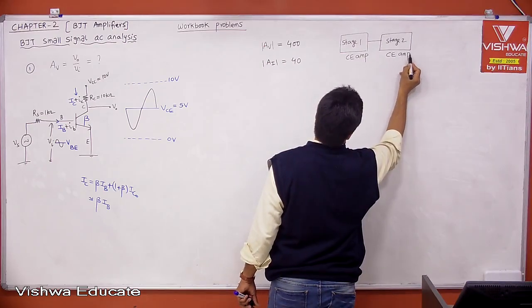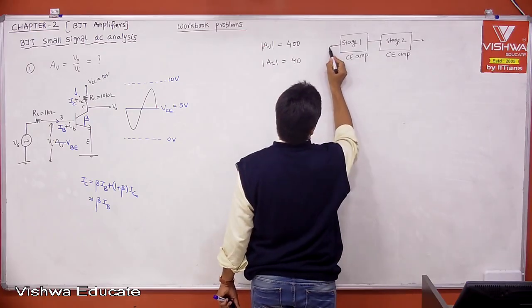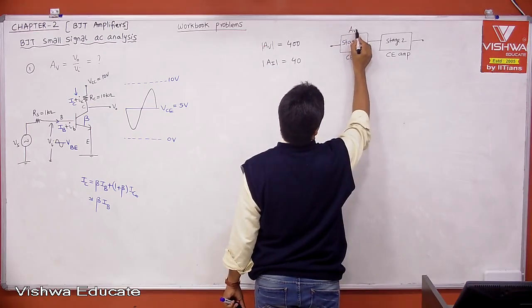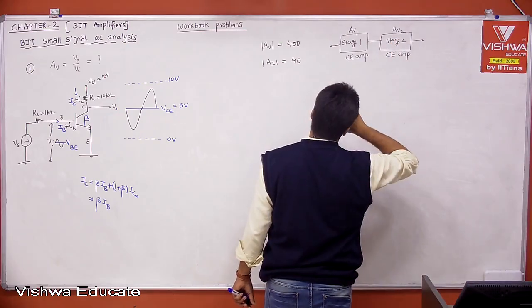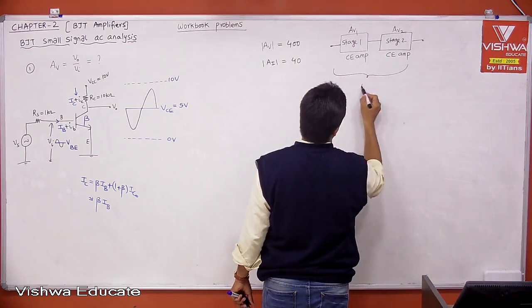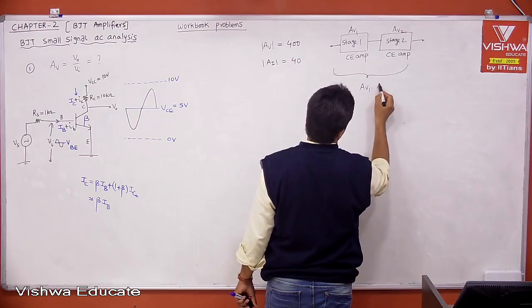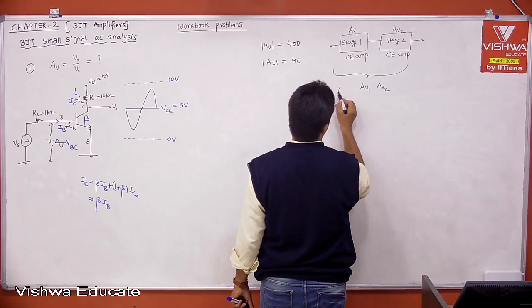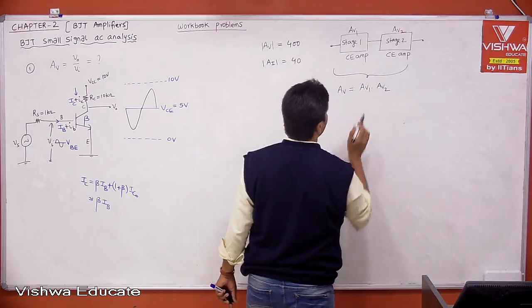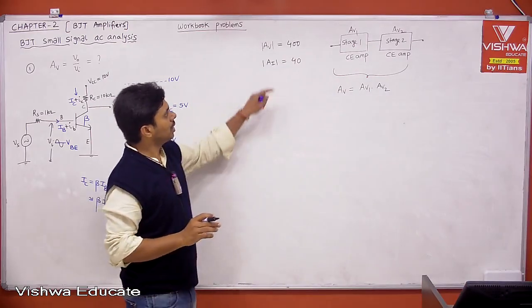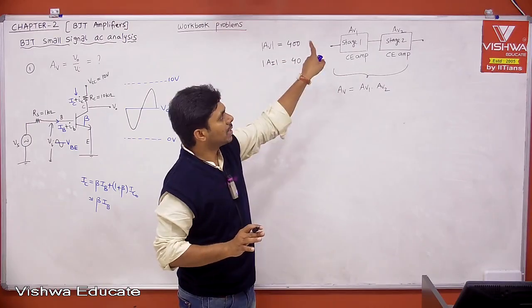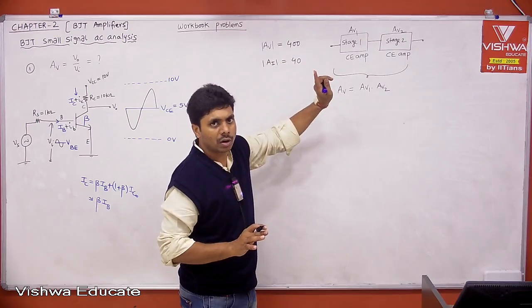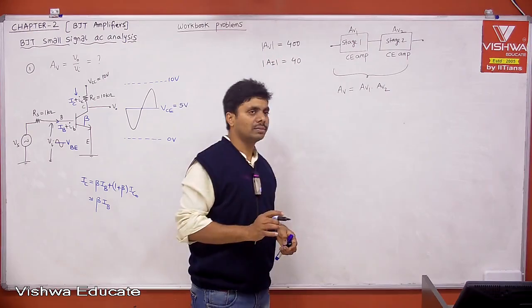Then whatever voltage gain you have from stage 1, let us say that is AV1, and whatever voltage gain you have from stage 2, AV2, the overall voltage gain is nothing but AV1 into AV2. That is your overall gain, right? Now let us say both are having 400, 400. Then 400 into 400.